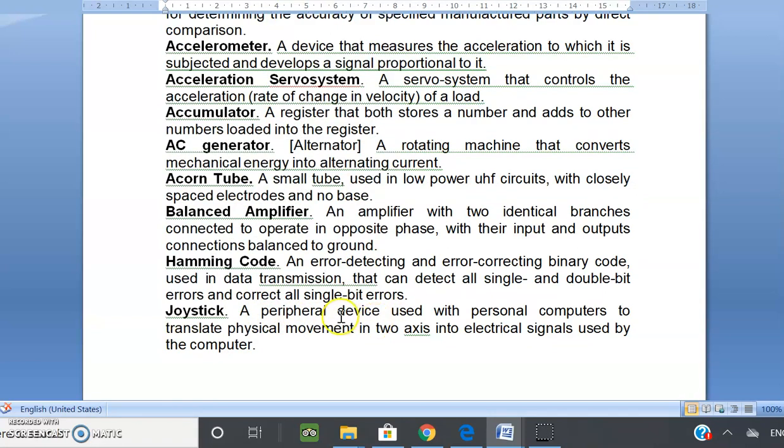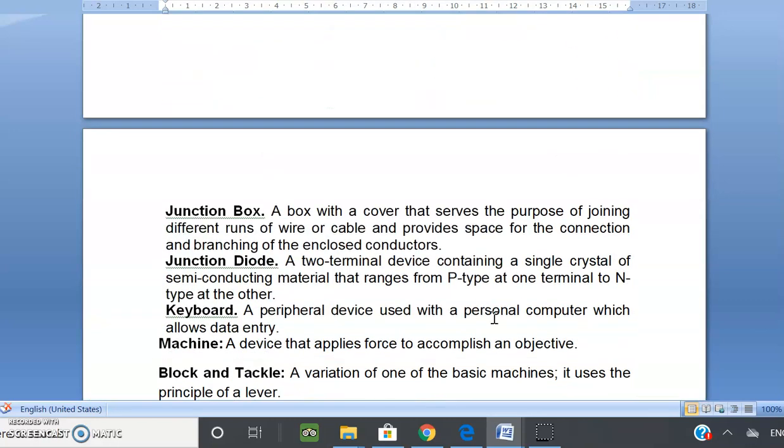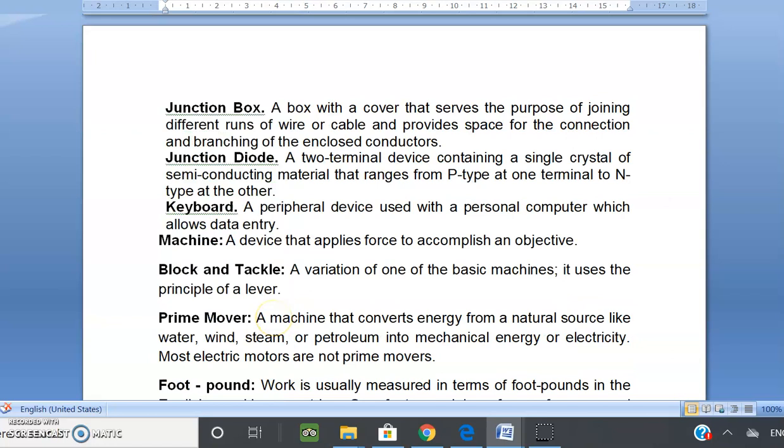It is a peripheral device; in the previous class we learned what peripherals are. Then you have a junction box: what is a junction box, what it is made of, how it is used. Then you have a keyboard. It is a peripheral device used in a computer, a personal computer, which allows data entry. So what is a machine?